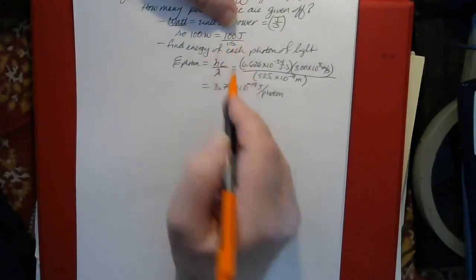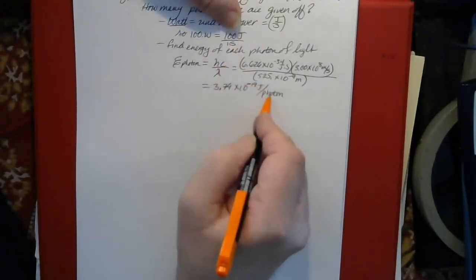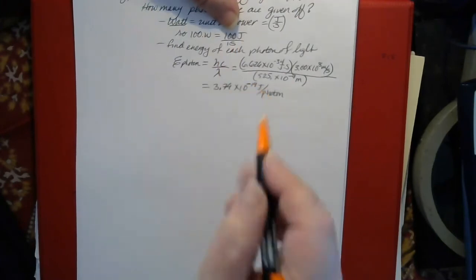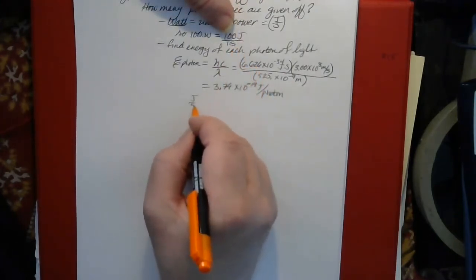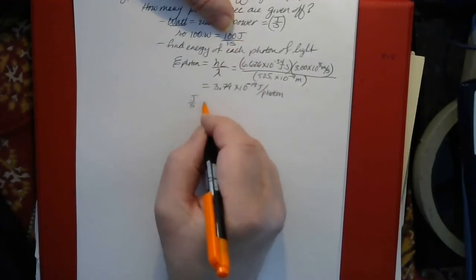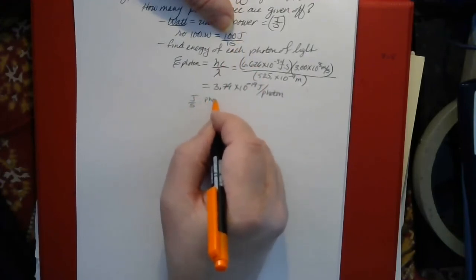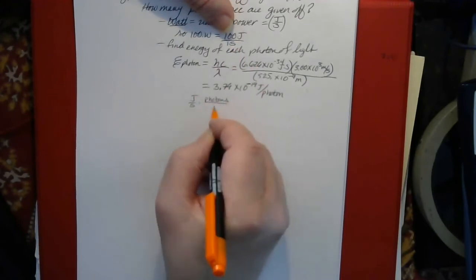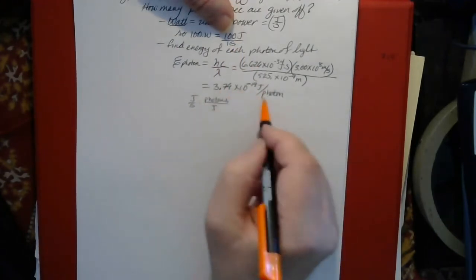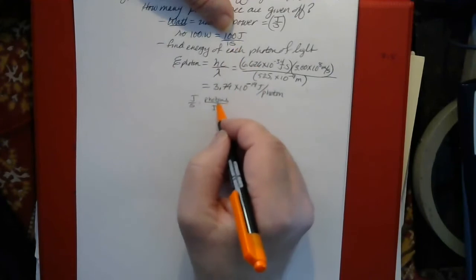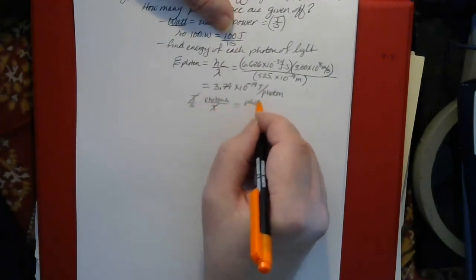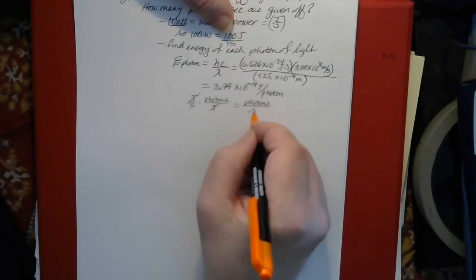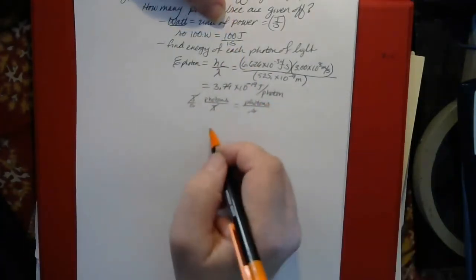We've got joules per second, and we've got joules per photon here. So if we arrange it so that we have joules per second times photons per joule, which would just be this number upside down, joules cancel and we have photons per second. So that's what we're going to do.